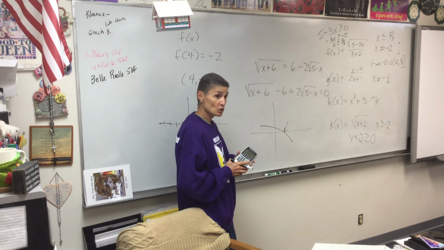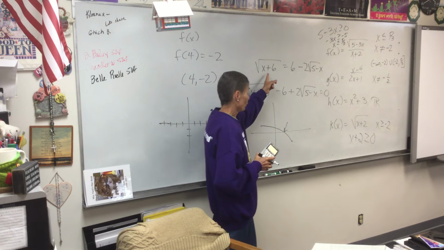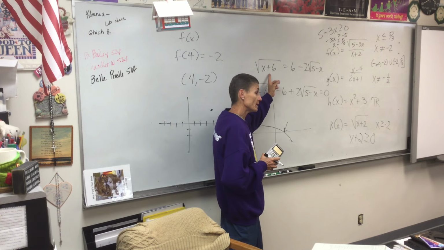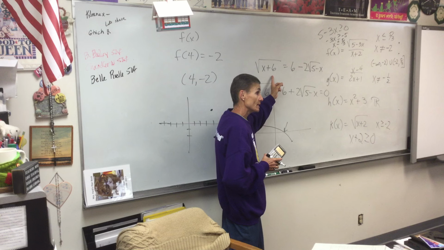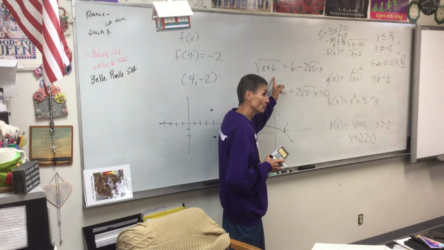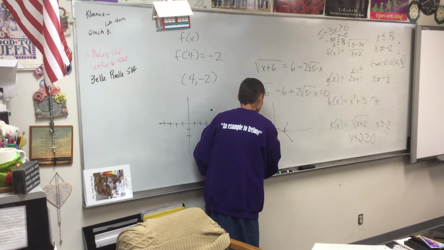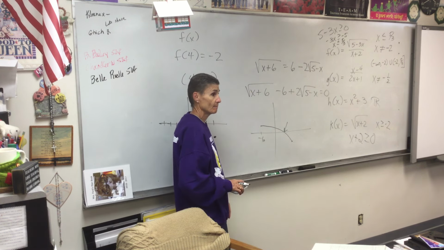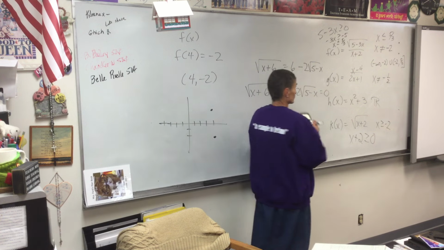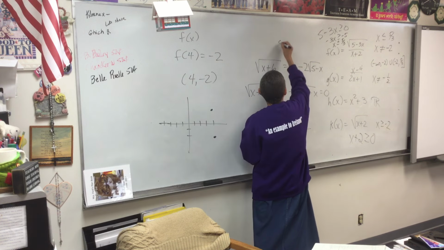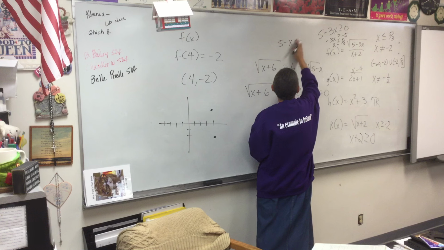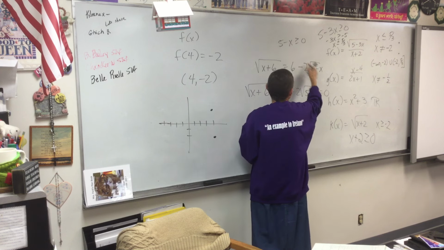It does, and I want you to think about that. Look at this radical right here. What can you tell me about x? It has to be greater than or equal to -6. So that starting point is -6. What does this other radical tell me? When they're turned around like that, it's hard for me, so I'm going to say that has to be positive.